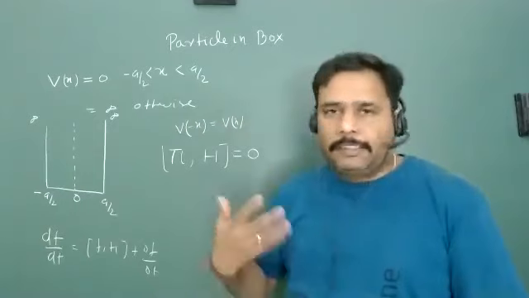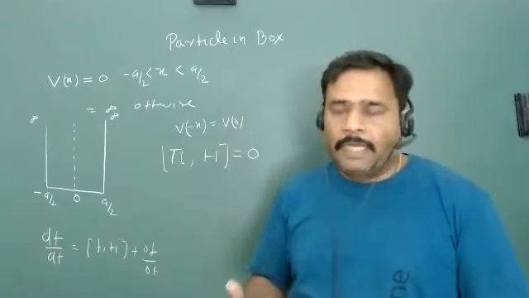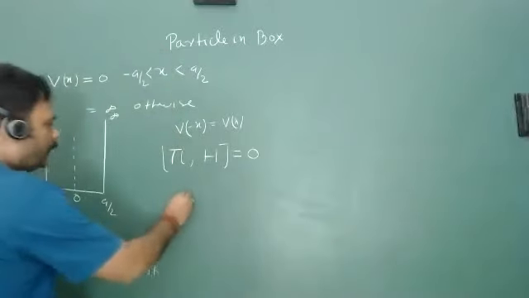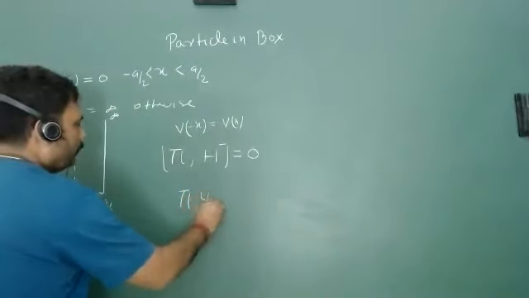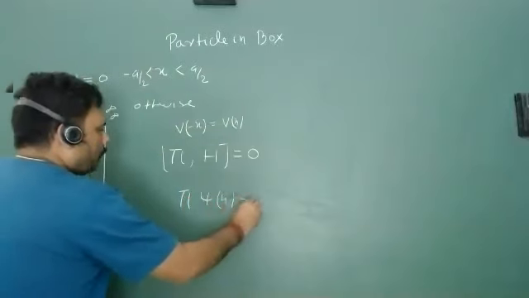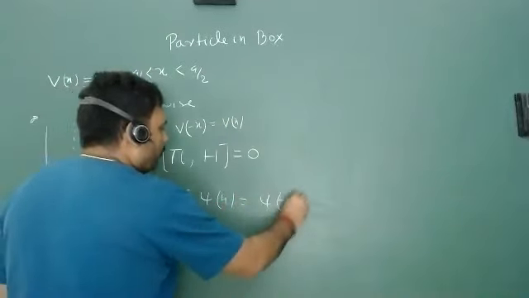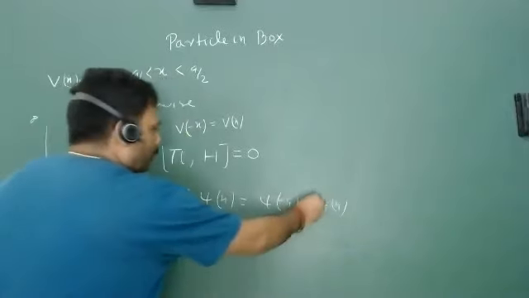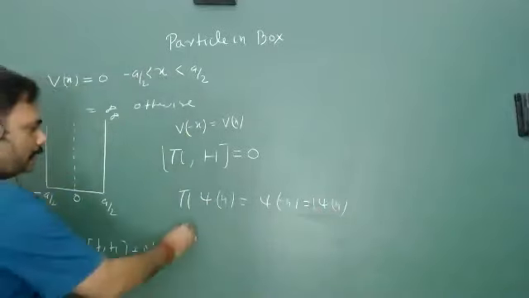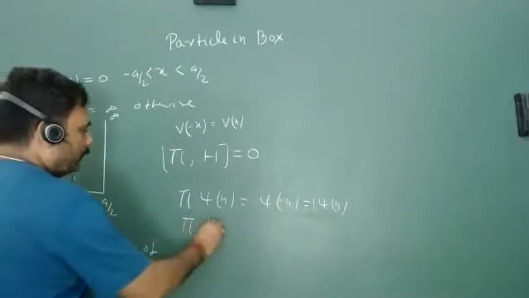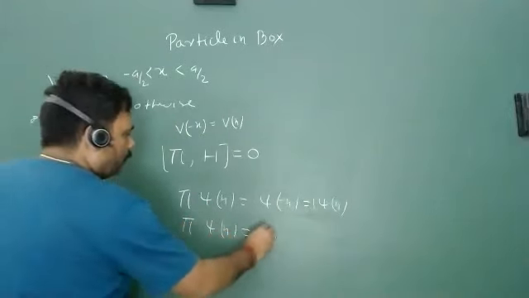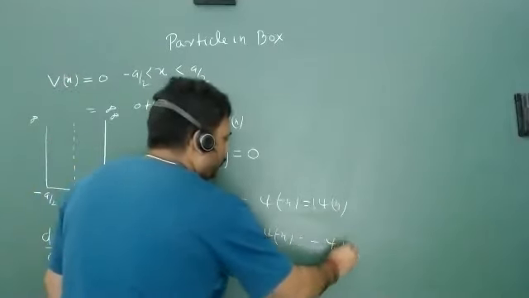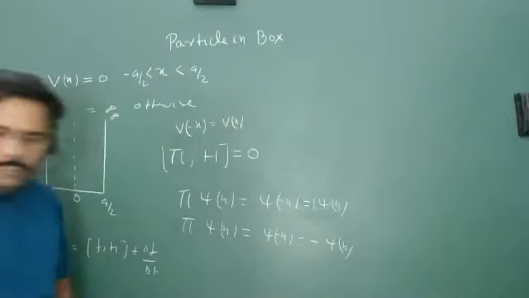These are the restrictions. And what is parity? Parity is a very interesting operator. If pi psi(x) equals psi(minus x) equals psi(x), then you have eigenvalue 1. Similarly, if pi psi(x) equals psi(minus x) equals minus psi(x), then you have eigenvalue minus 1.